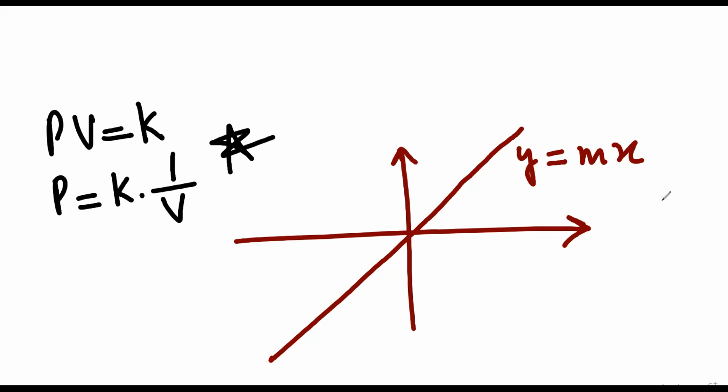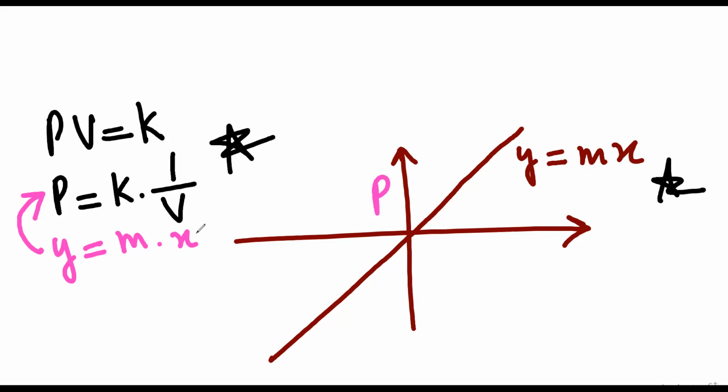No. And when I compare these two, what I find is, let me write it like this, y is equal to m into x. When I manipulate like this, I understand that if y is equal to P, then x would be 1 upon V. Have you understood it now? Yes.